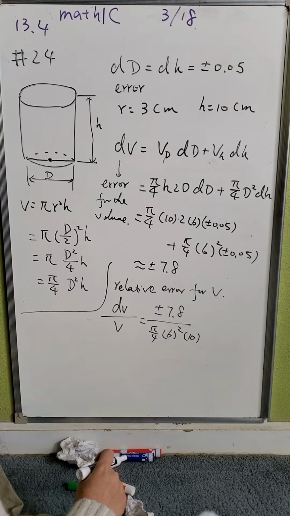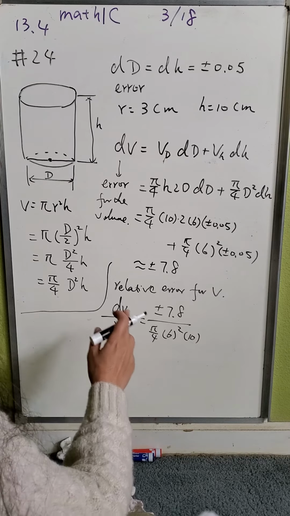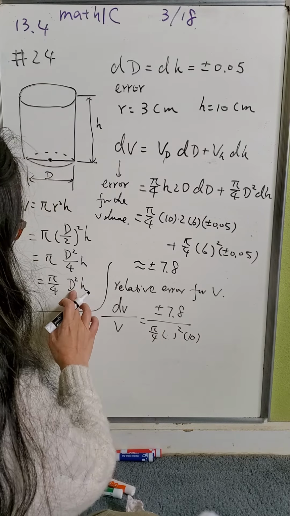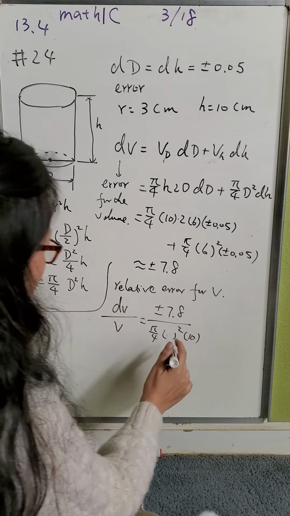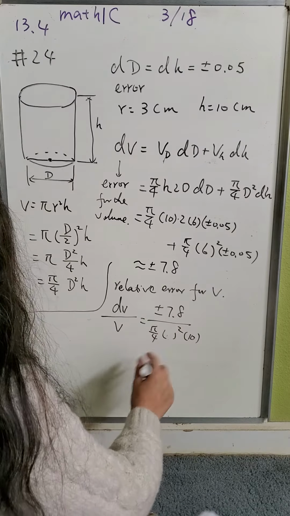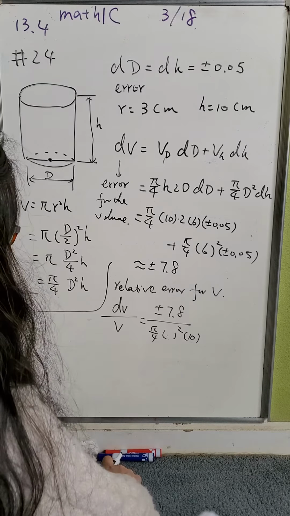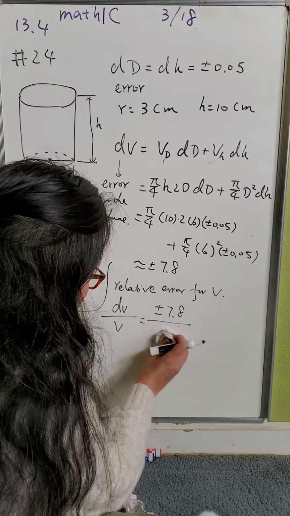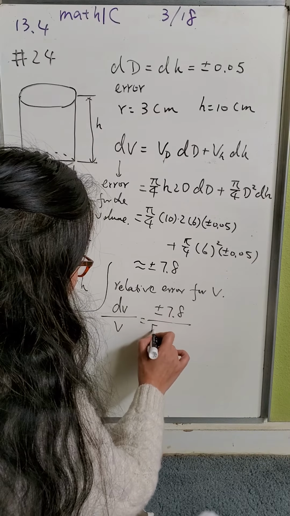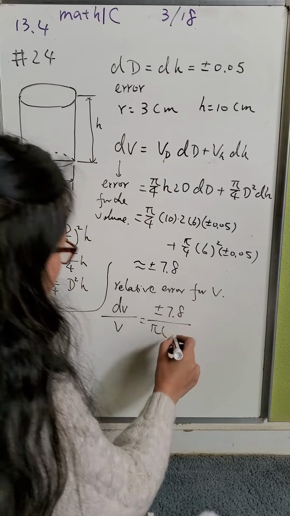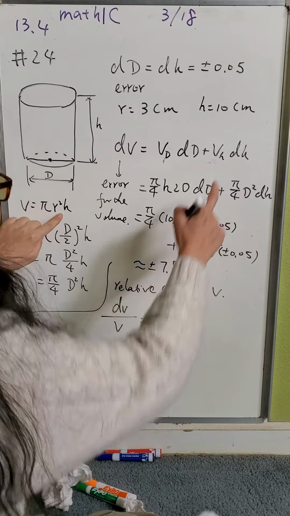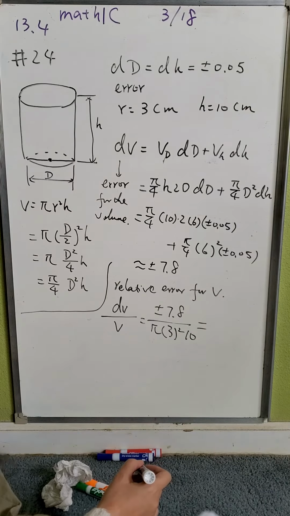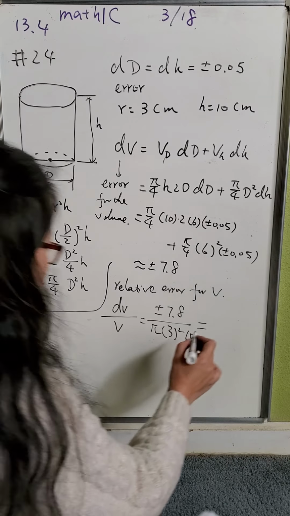Oh, sorry, V equal to pi r squared h, so I don't have to use that. My pi r squared h, so be pi, my r is equal to 3 squared, and then h, 10. Like this better. It comes out equal to 2.17.